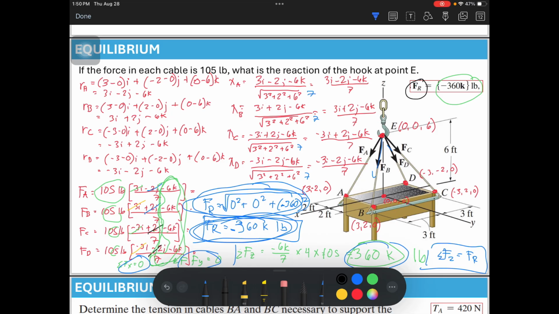So what should be the reaction of hook E? Since this FR is directed downward, our hook should be able to carry 360 lb upward, positive. This is the reaction of our hook. But the resultant of your force is negative 360 downward.